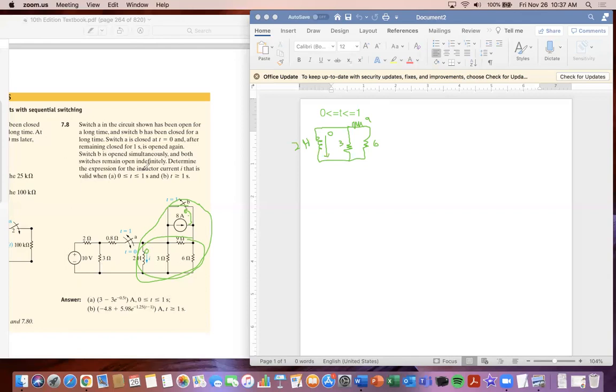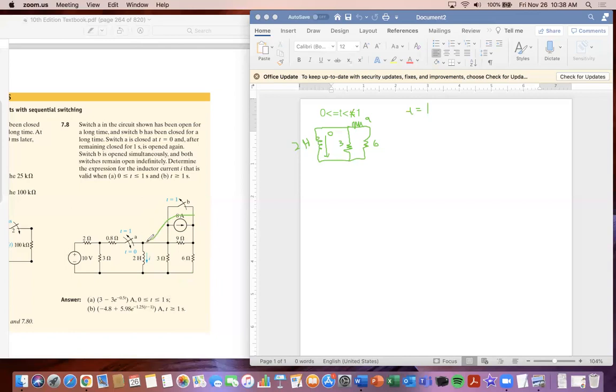If we look at time is 1, because at time 1, this is going to open. We were able to determine everything right before, so maybe I shouldn't include this, because the switch opens at time equals 1. So this should just be time is less than 1. This is for time is equal to 1. What's going to happen is that it is now going to include this current source, because now this is going to become open.